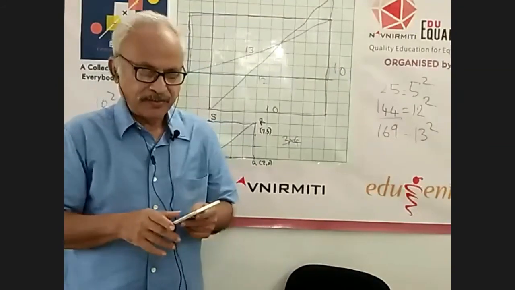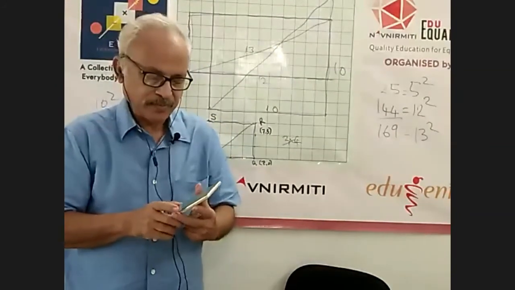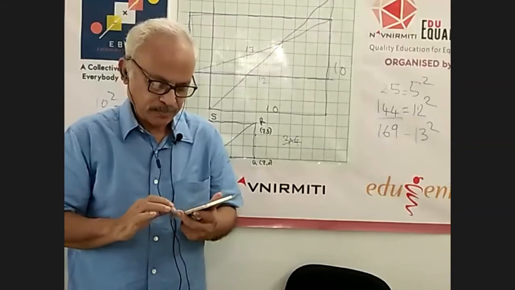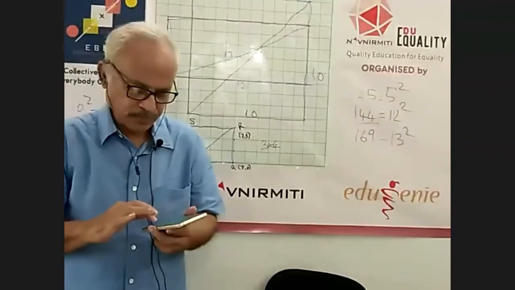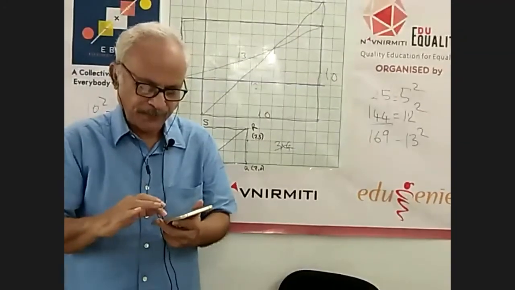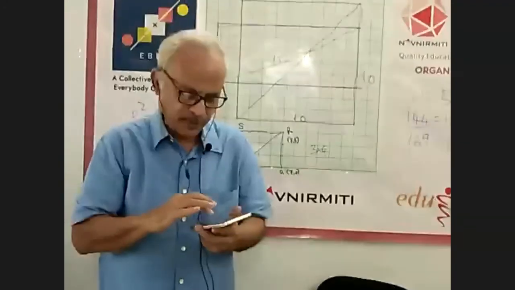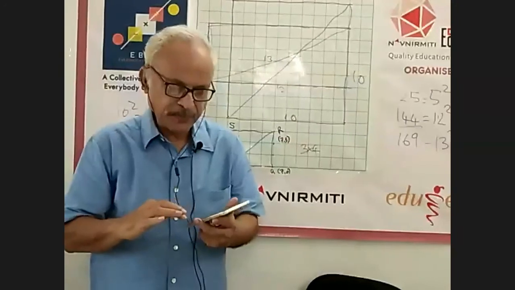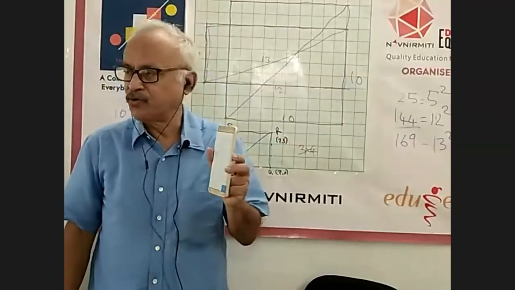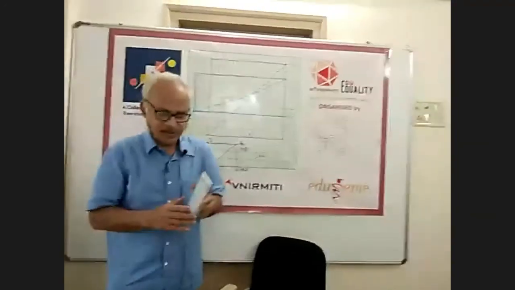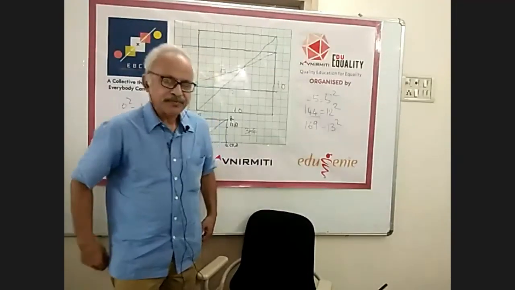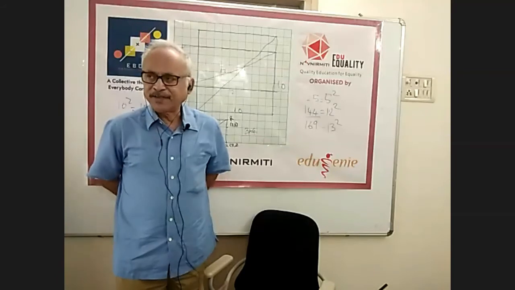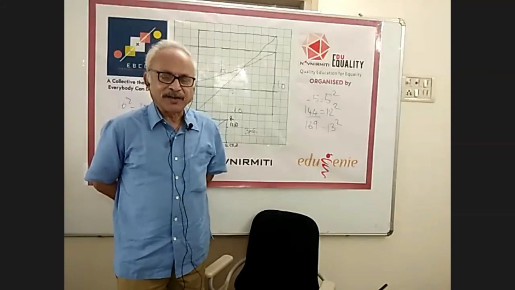Sir, 14.15 gives 216. Try 14.15. Yes, sir. 14.15 into 14.15. No, sir, 14.16, 200.222. Okay. 14.16, calculator. All right.